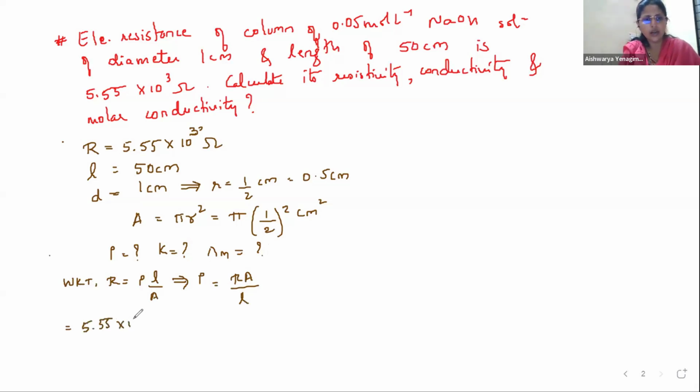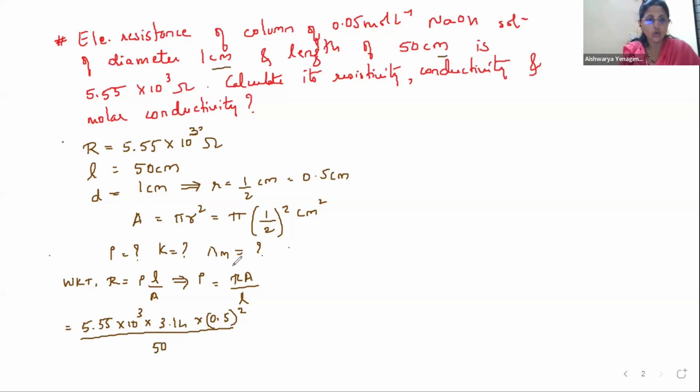So substitute the values. 5.55 into 10 raised to 3 into what is area? Pi value is 3.142 or 3.14 into 0.5, the whole square, right? Divided by the length, which is 50 centimeter. I'll keep all in centimeters only because everything is given in centimeter, that is not an issue for us.